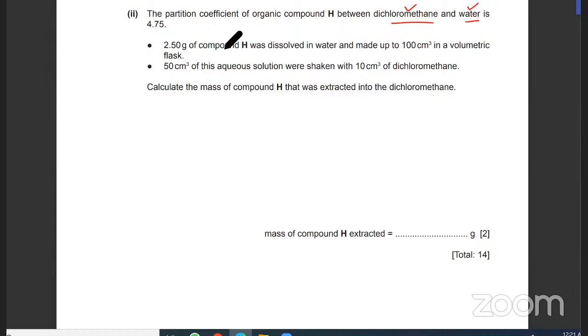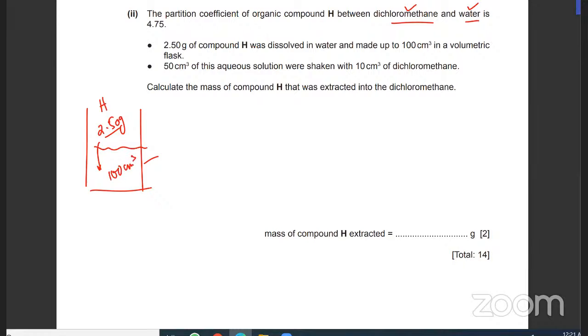Now 2.5 grams of compound H was dissolved in water and made up to 100 cm cube in a volumetric flask. So you got 2.5 grams of substance H mixed in 100 cm cube.